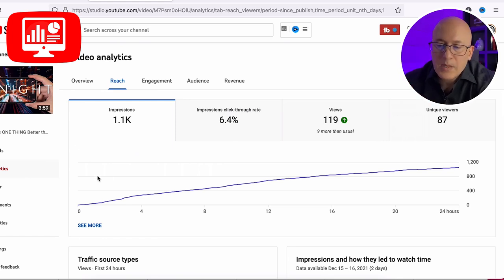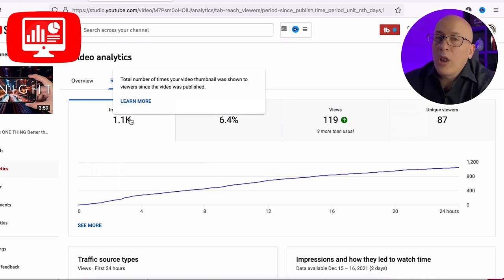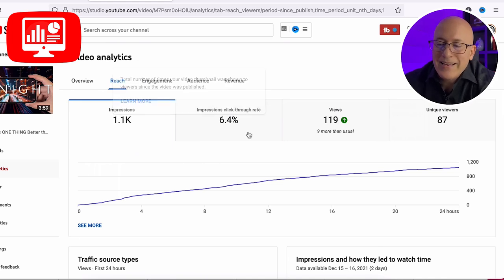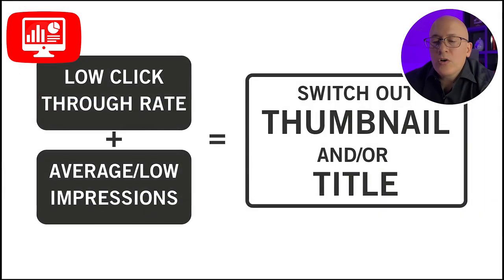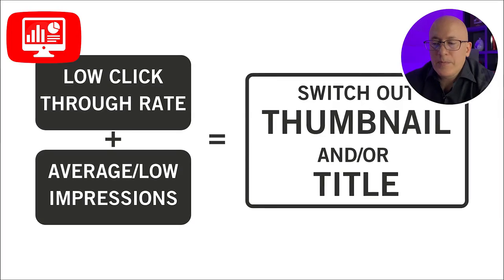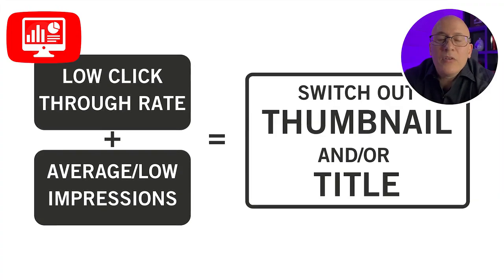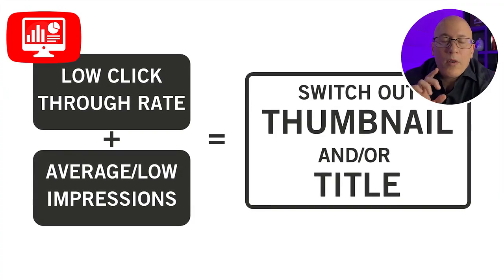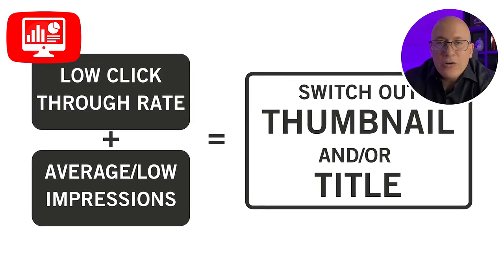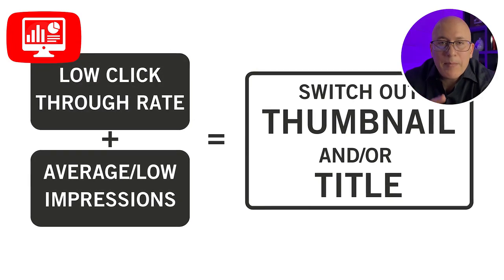However, if your impressions are average or lower than average, and your click-through rate is below average, then you're going to want to make a change. And what that change is going to be is you want to take your thumbnail and your title and re-examine them.